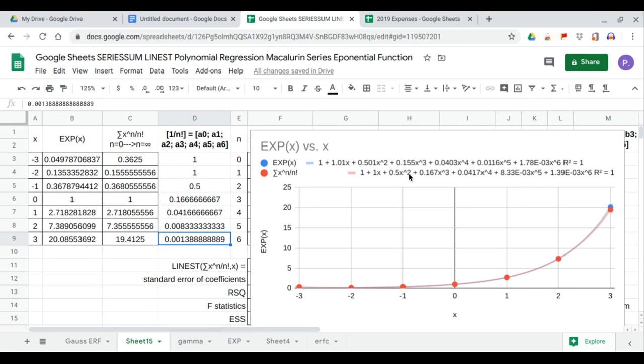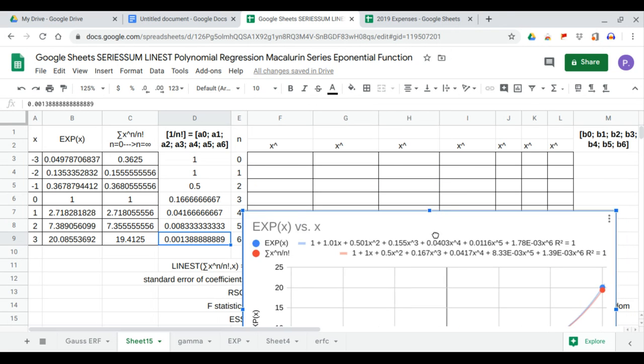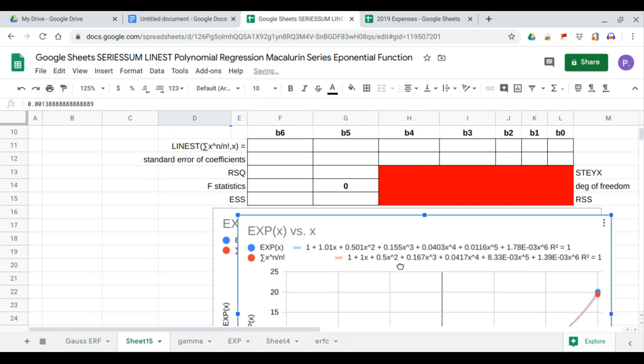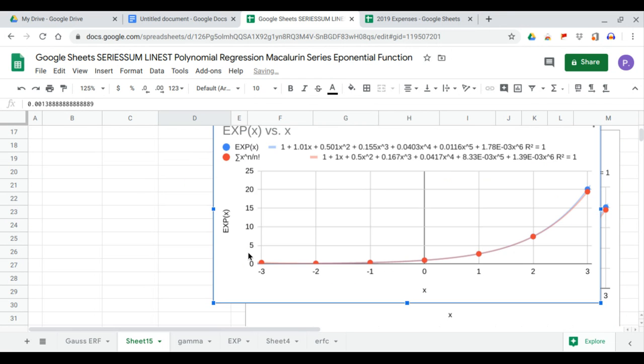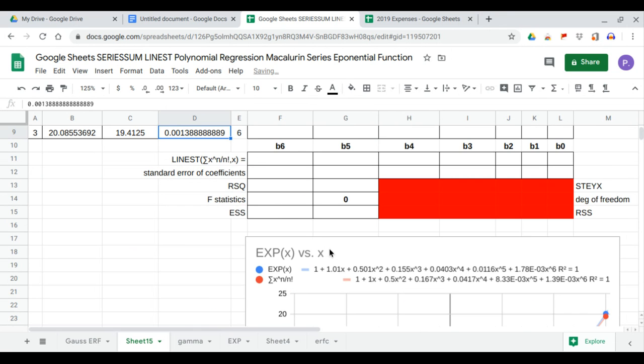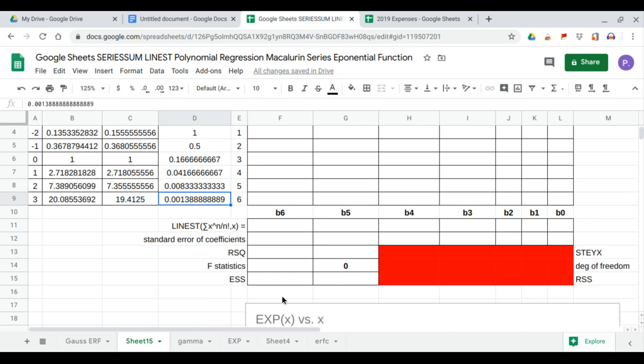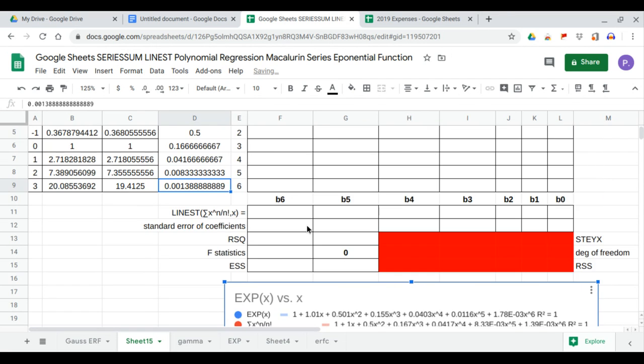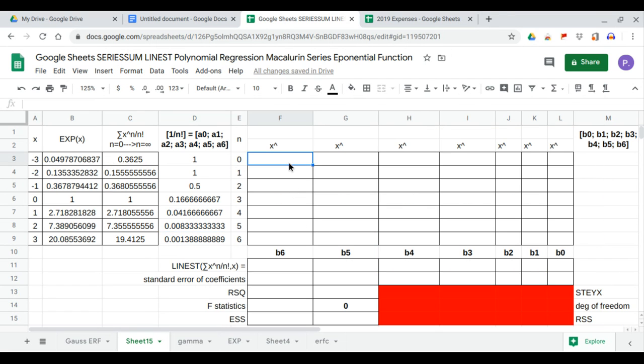We will calculate these coefficients using LINEST. So to do that, we will first generate the 1 comma x matrix for this. So for the first, this will be transpose of the x values.